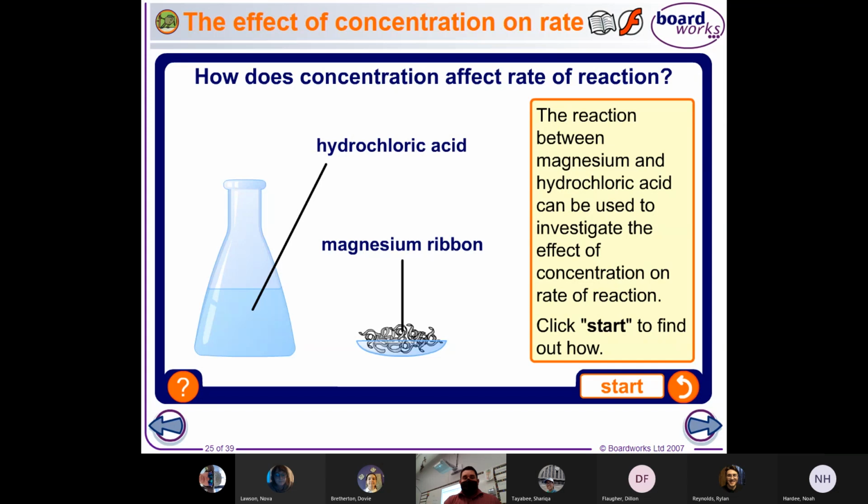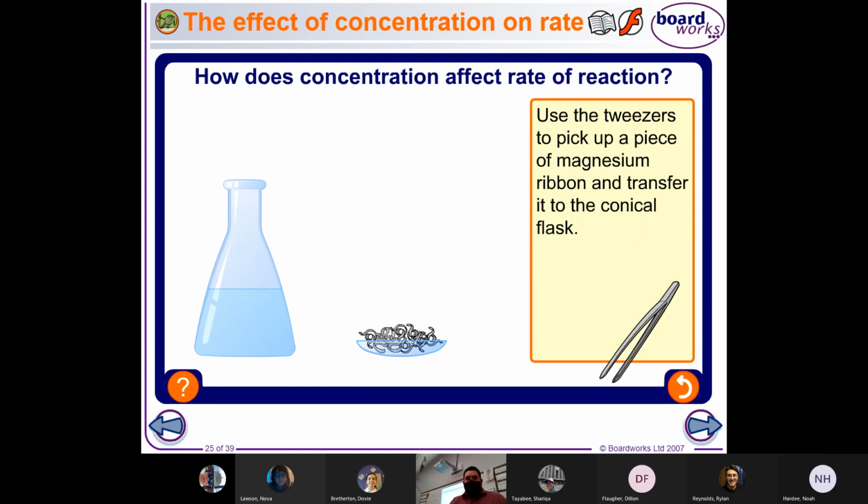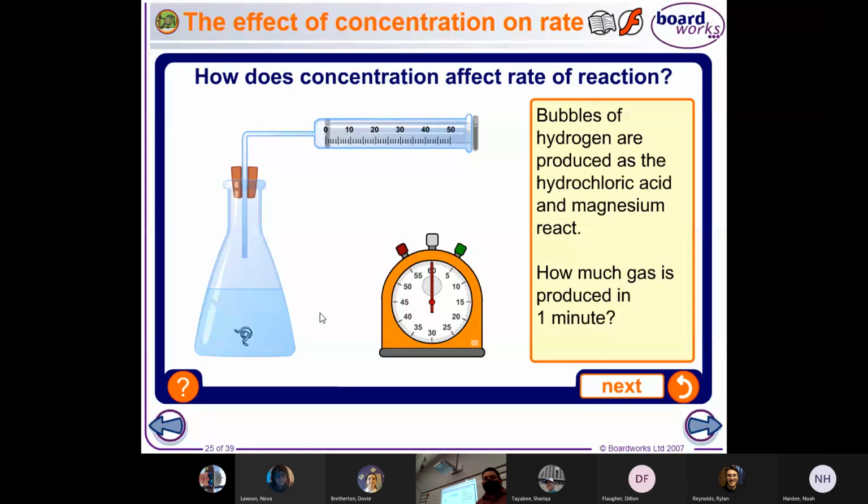Okay. All right, so we have this lab here: magnesium ribbon versus hydrochloric acid. What happens if we increase the concentration, especially of the hydrochloric acid? Here we have these little flasks. We can pick it up and drop it in, and we have to literally time it. How long does it take to make this gas?